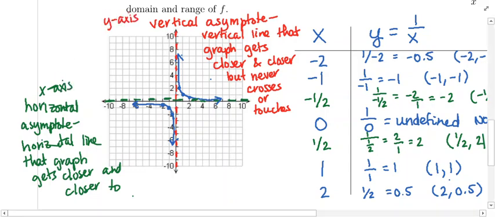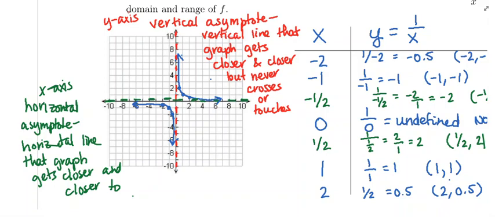Okay, we will talk about this in a few minutes. Vertical asymptotes, your graph's going to get closer and closer to, but it never crosses or touches. With horizontal asymptotes, usually you won't cross or touch that horizontal line, but it is possible to cross or touch a horizontal asymptote.